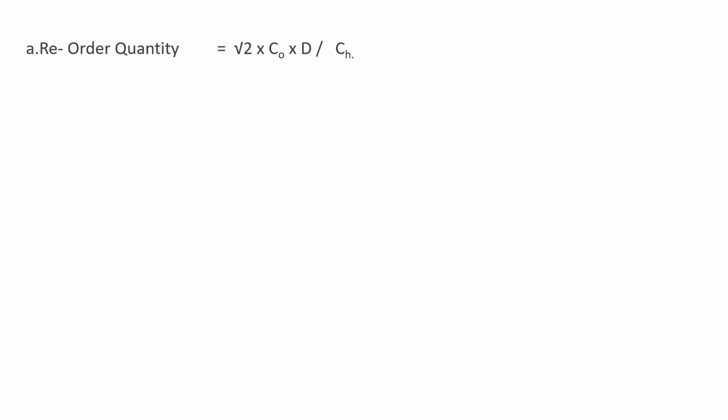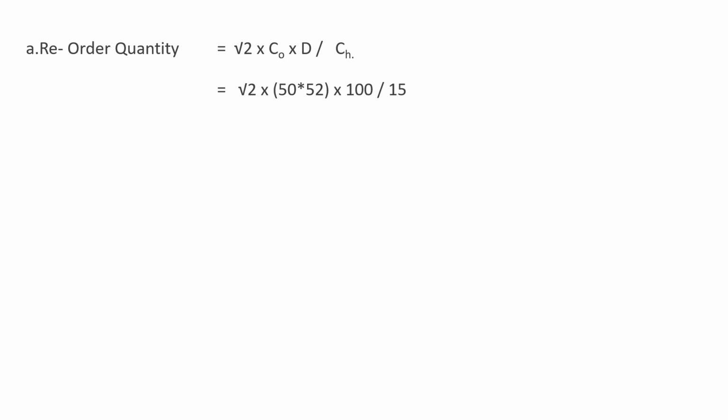Since there are 52 weeks per year, we multiply it and get the annual demand. Then we have to multiply that value with 2 as well as 100, which is the cost of order, and we have to divide it by 15.